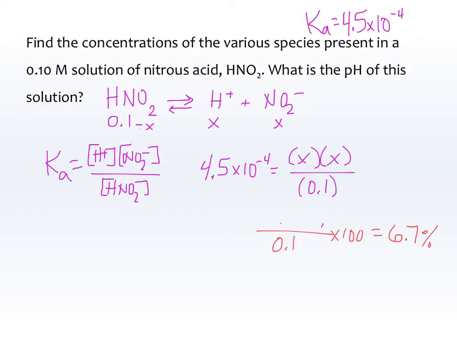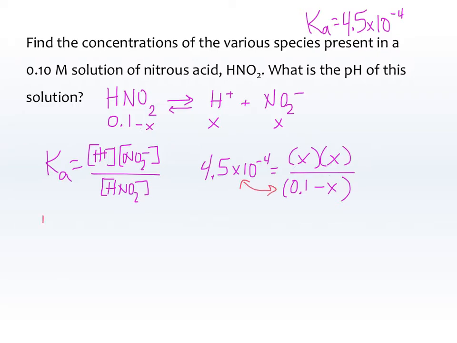This will not work. I suggest, instead of erasing this on your paper, that you just work it out in a different space. So what we have to go back and do is say 0.1 minus X and include that X. And now I'm going to have to solve it with that. So I'm going to distribute the 4.5 times 10 to the negative 4 into that term.